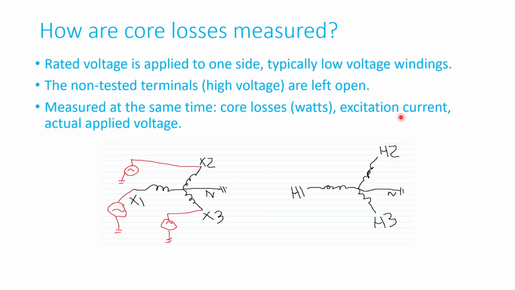When you apply the voltage, the excitation current is the current that will flow in the windings. Also measured is the actual applied voltage. If it's a 12 kV winding, sometimes it might be hard to apply 12 kV, so it might be less than that, but they will measure that.